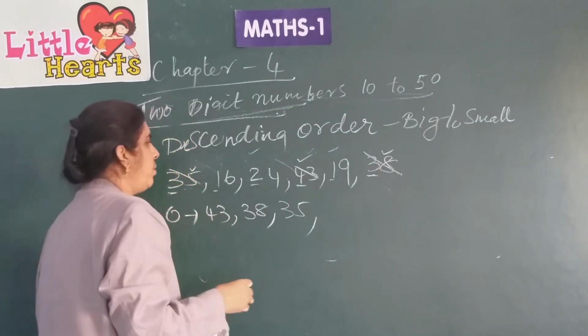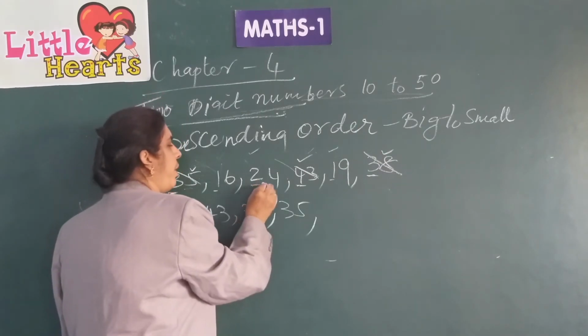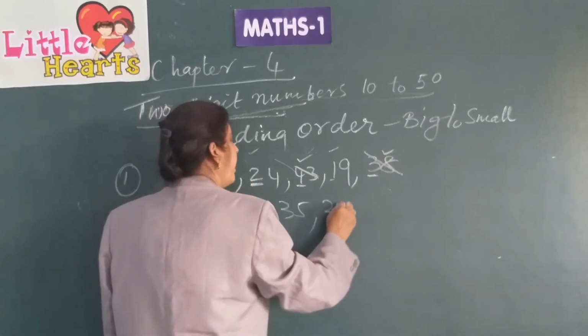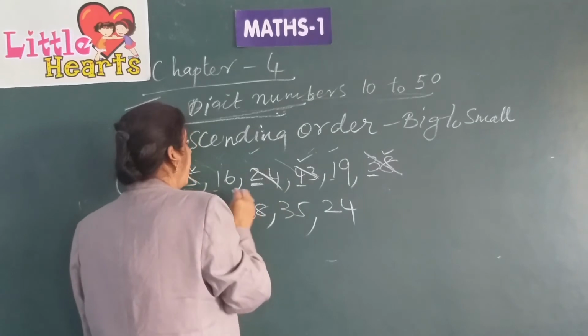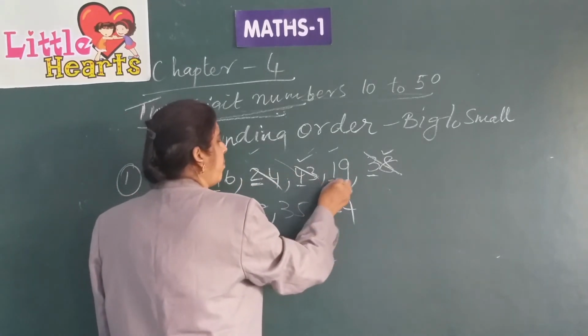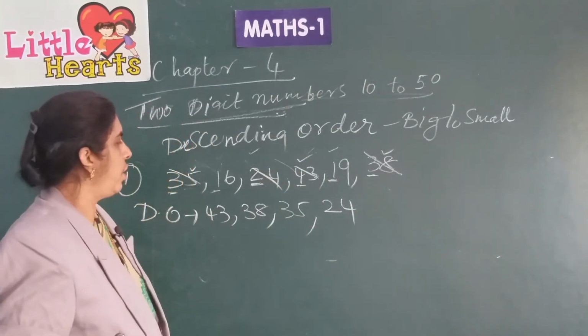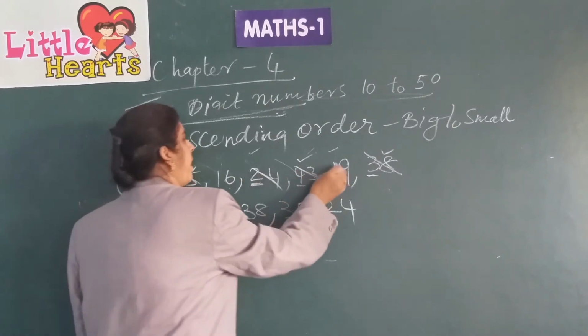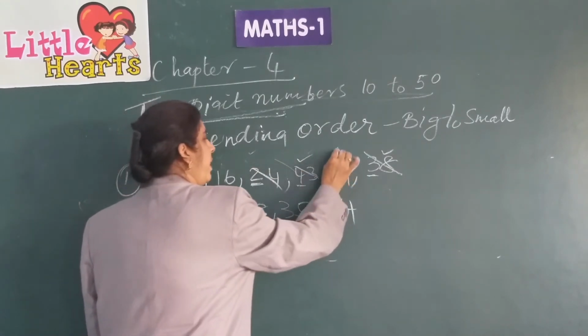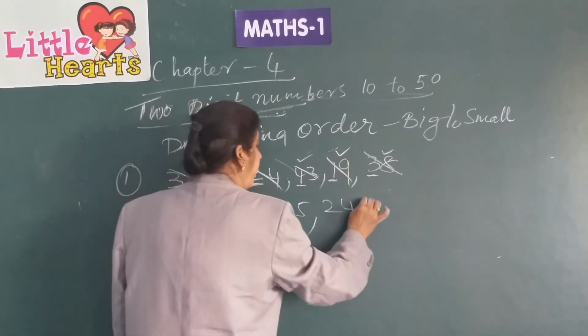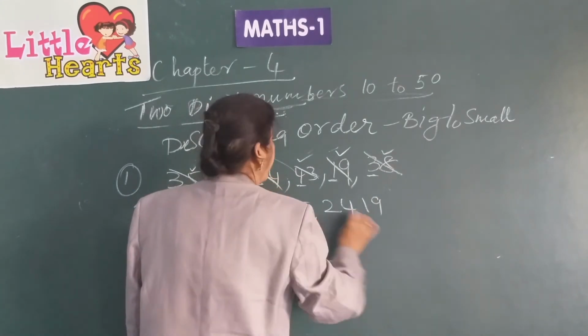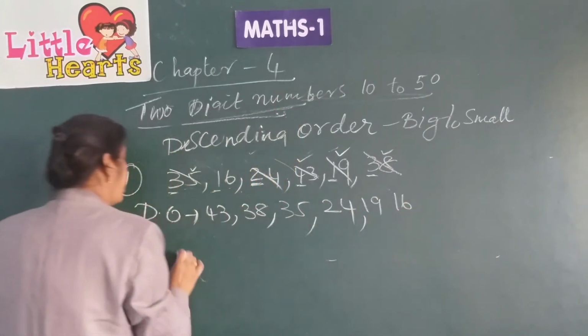Next, with 2 in the tens place, we have only one number here. Next comes this. And here there are two numbers with 1 in the tens place. Check with the ones place, 6 and 9. Which is big? 9. So 19 comes next and 16 last.